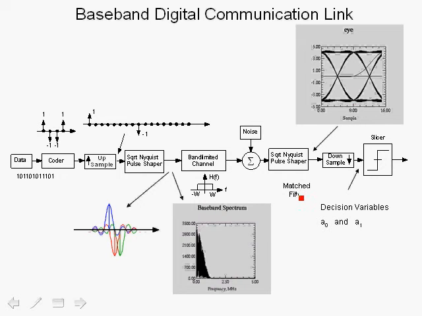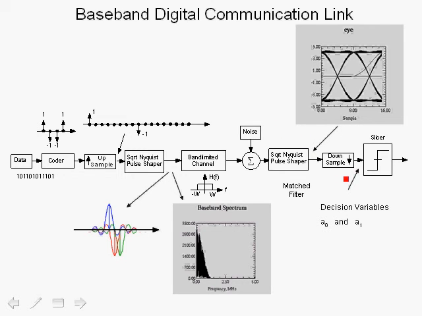And in fact, a match filter is the filter that maximizes the signal-to-noise ratio at the optimum sampling point by definition. So now we have a means for calculating the power of the signal and the power of the noise, so we can compute the signal-to-noise ratio.